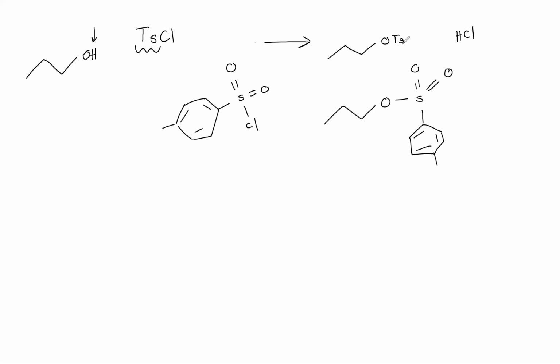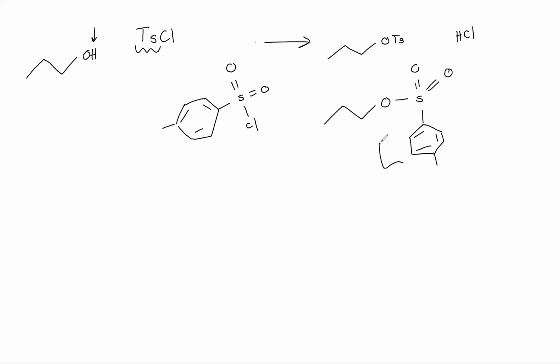So what we can do is we can do any other reaction that we've done before. So we could do a replacement reaction, a substitution reaction, an elimination reaction, and more. Okay. Does that answer any questions about tosylate?